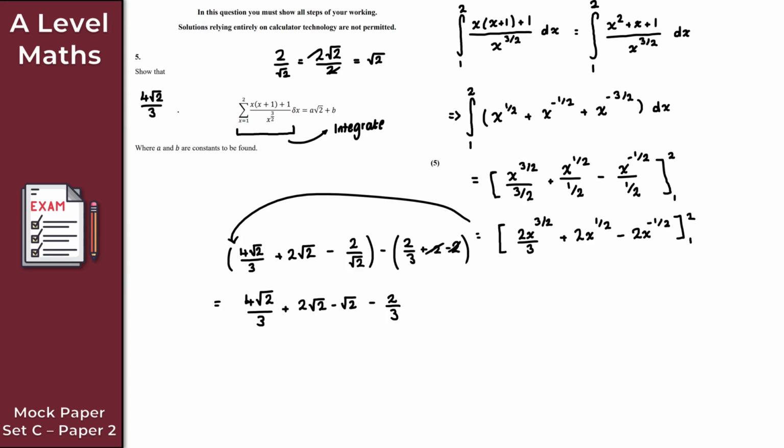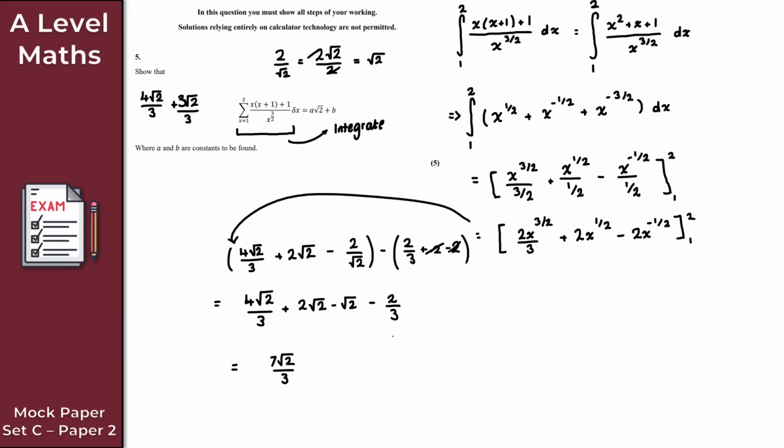So we get that over a common denominator. Plus root 2, over a common denominator, that must be 3 root 2 over 3. Add those together, and we get 7 root 2 over 3.